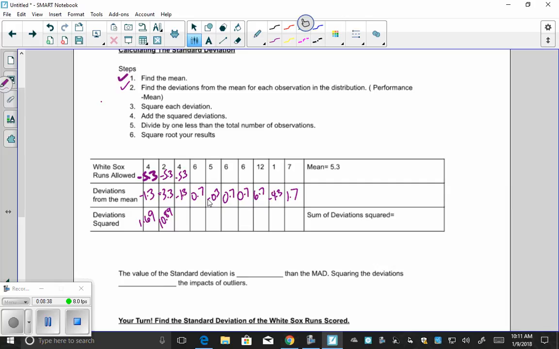Just try to squeeze it in as best you can. All you're doing is taking this number and squaring it. So square all those numbers. Take the time, pause the video if you need to, and finish out the bottom row.